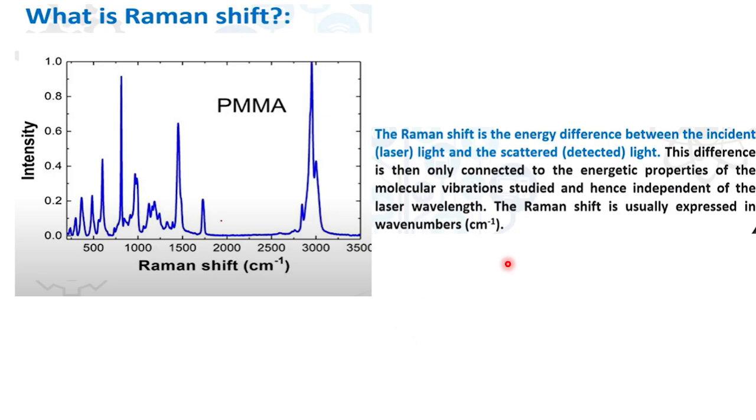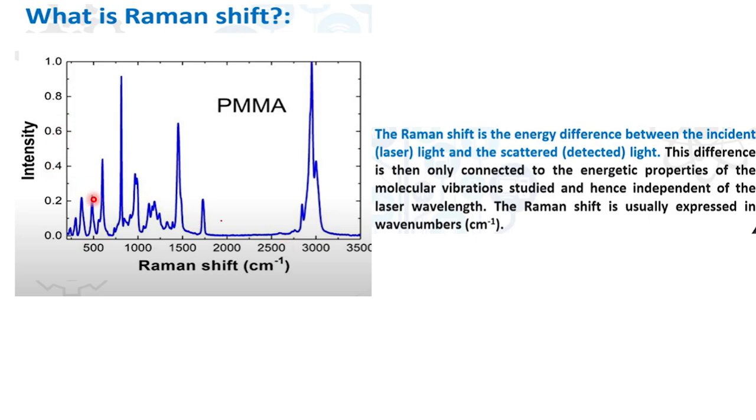So the difference between the frequency of the incident light and the frequency of the scattered light is connected only to the energetic properties of the molecular vibration, and that is studied here in Raman. Hence, independent of the laser wavelength, the Raman shift is usually expressed in wave number, similar to FTIR also.